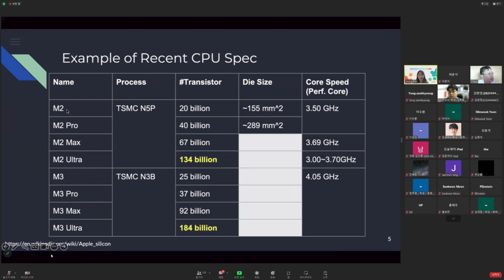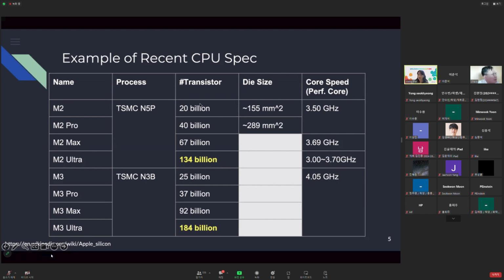So there are the M2 series and M3 series. Again, this is coming from the Wikipedia. And in case of the M2, depending on the application or the chip performance, it could be either 20 billion or 40 billion. And in case of M2 Ultra, it will be 134 billion.